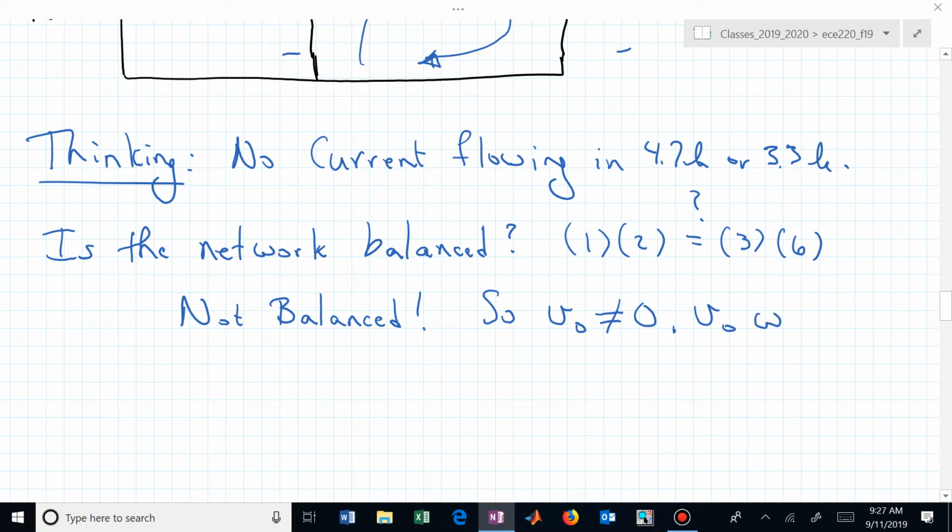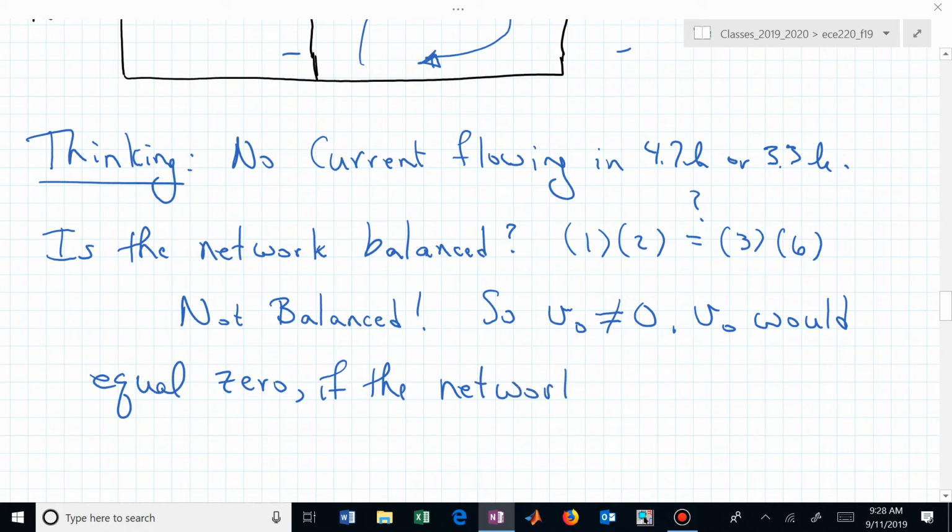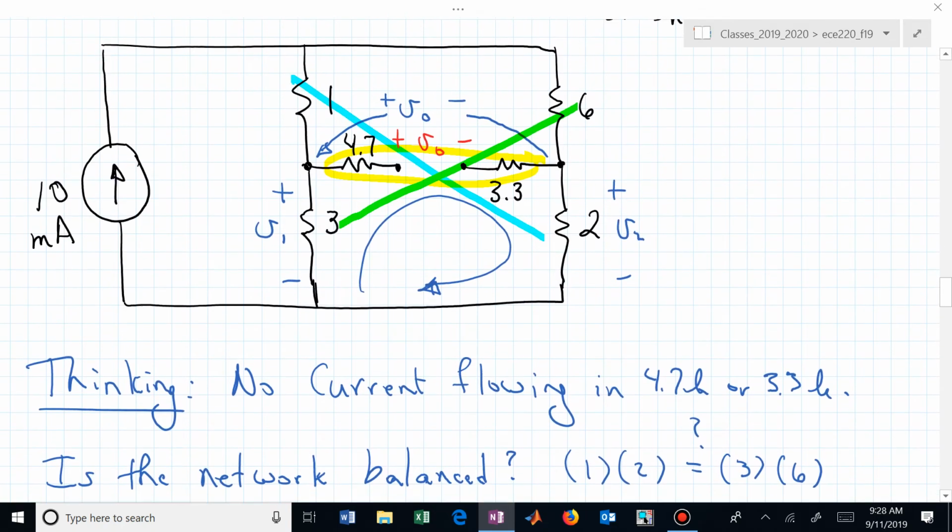V sub 0 would equal 0 if the network was balanced. Bummer. Now we have to do some more work. We were hoping that the product of those paired resistors would be equal, and then we could say, it's balanced, V sub 0 is equal to 0. Move to the next question. We can't do that now, can we?